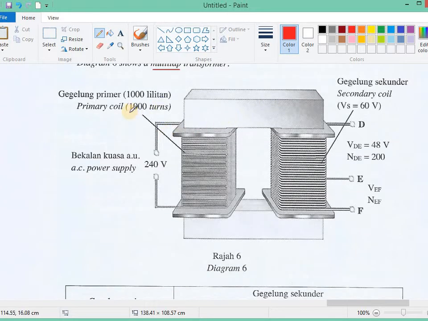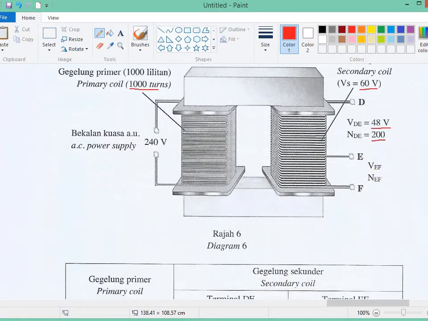The primary coil has 1000 turns, AC power supply 240 volt. The voltage of the secondary coil is 60 volt. The voltage D to E is 48 volt. The number of turns DE is 200. The EF voltage and number of turns we don't know.